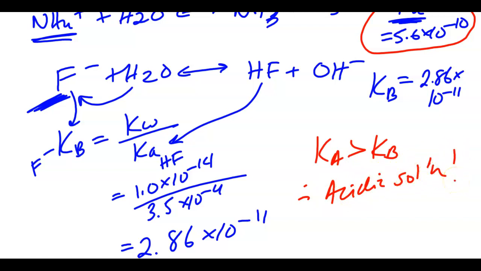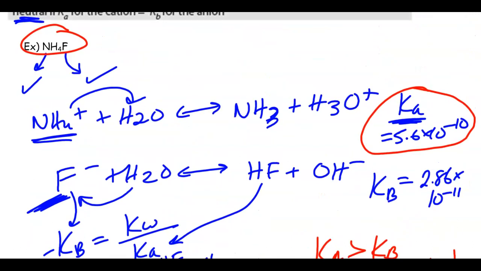Really both processes are happening. You're going to have both equilibriums. But remember, the larger the K value, the more product you have. So the equilibrium that has the larger K value indicates which one we have more ions of. So we have more hydronium than we do hydroxide.